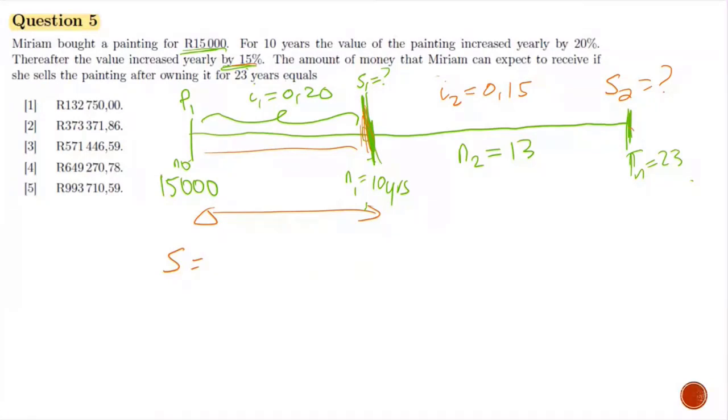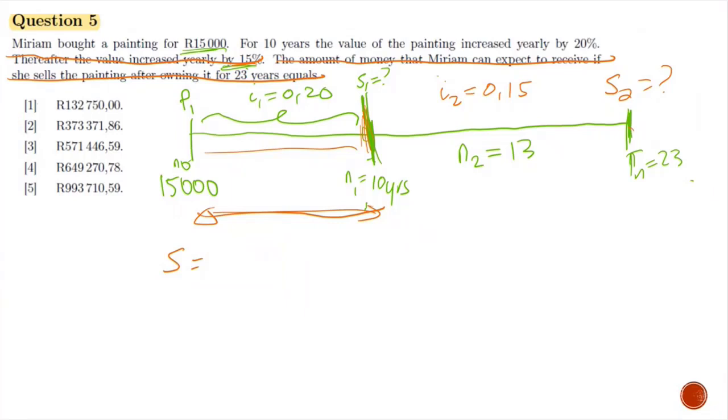All right. Let's focus only on this period. Let's assume that we don't know this. The question is saying Miriam bought a painting for 15,000, and for 10 years the value of the painting increased yearly.